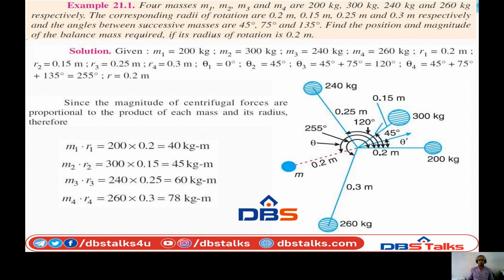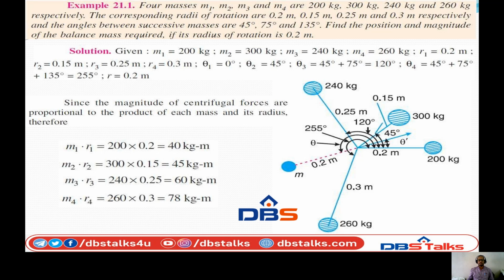So totally it is 255 degrees. From the reference we have to keep 255 degrees and make the position of the last mass, which is 260 kg, with a radius of rotation 0.3 meters as 3 centimeters.